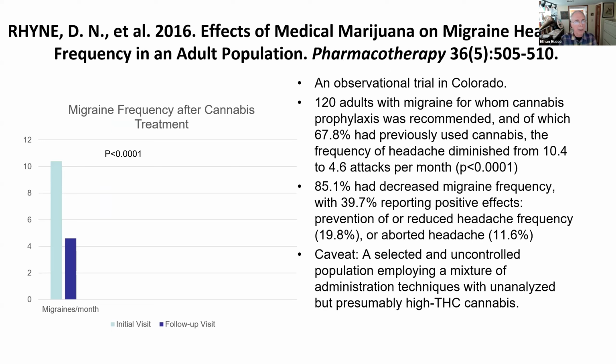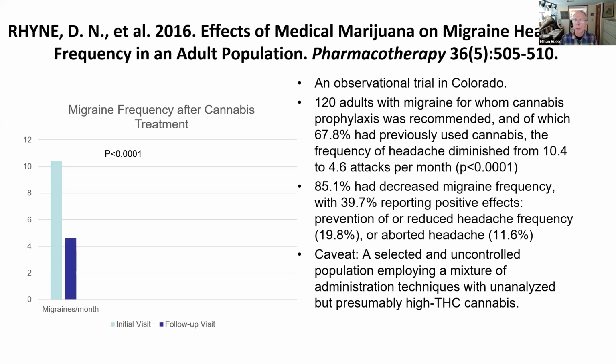From modern evidence, this is from Colorado in 2016, an observational trial. 120 adults with migraine who were referred to a cannabis clinic who seemed to need preventive treatment.